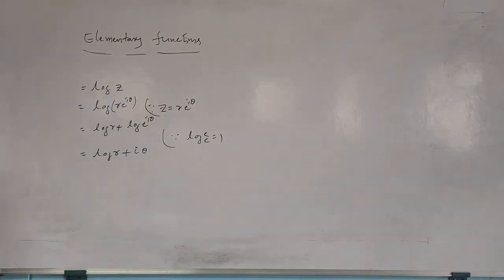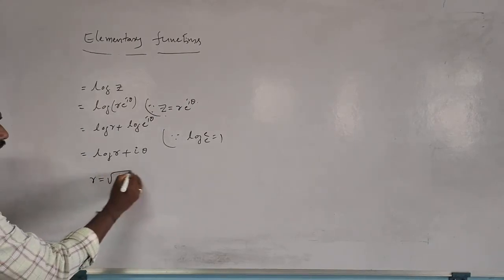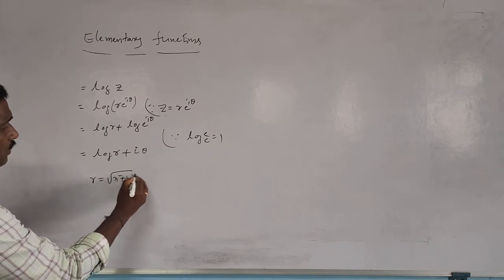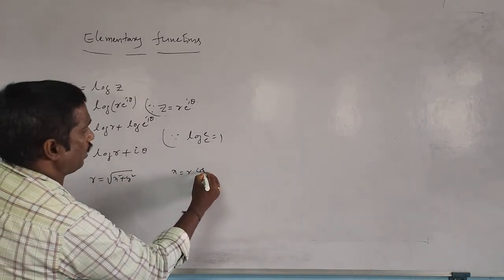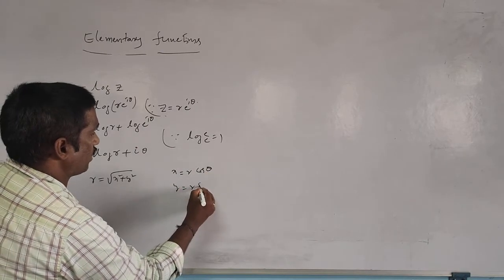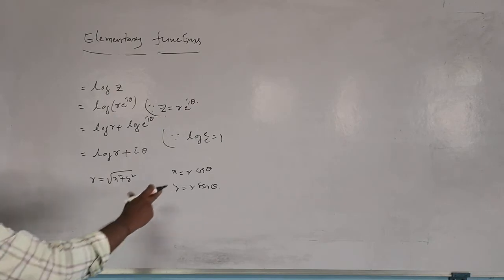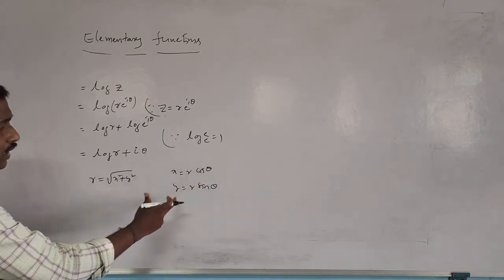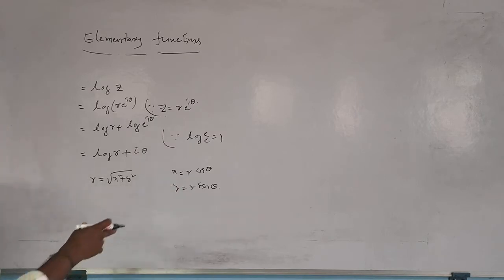Here r equals root of x² + y², because x = r cos θ and y = r sin θ. Squaring both sides, x² = r² cos²θ and y² = r² sin²θ.